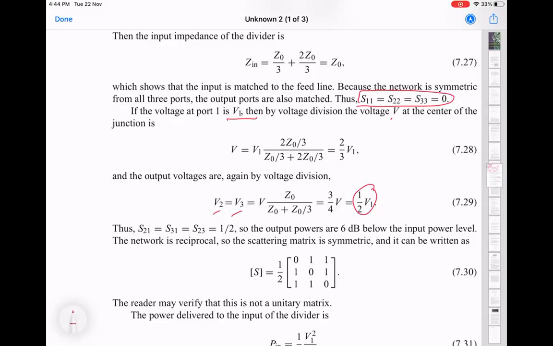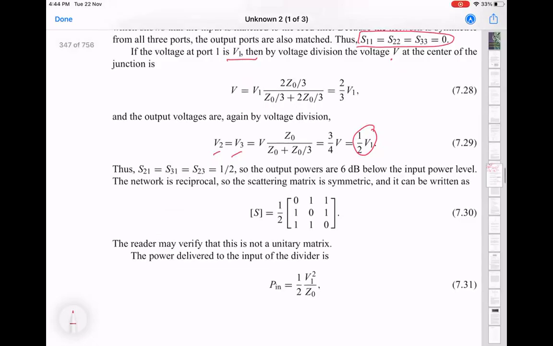So all zeros on the diagonal for matching. Symmetric, you have ones, and all the S21, S31, S23, S12, S13, S32, everything is just 1/2.